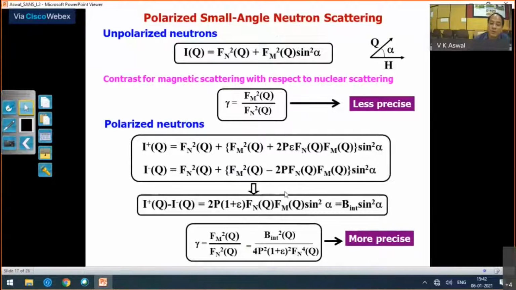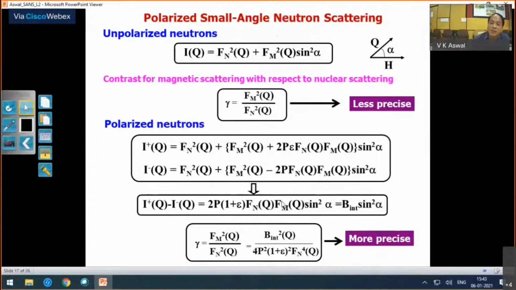So even though you have a weak scattering from the magnetic part, it gets multiplied with the nuclear part. So you are not directly measuring FM, but you will now measure FM through this term. So this gets enhanced.